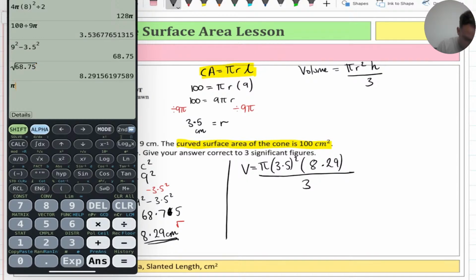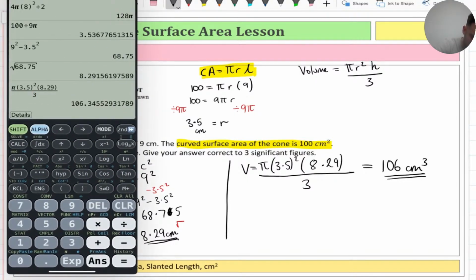Shift pi times 3.5 squared times 8.29, all divided by 3. We're linking everything we've done so far, aren't we? That is equal to 106 centimetres cubed, because it's volume.